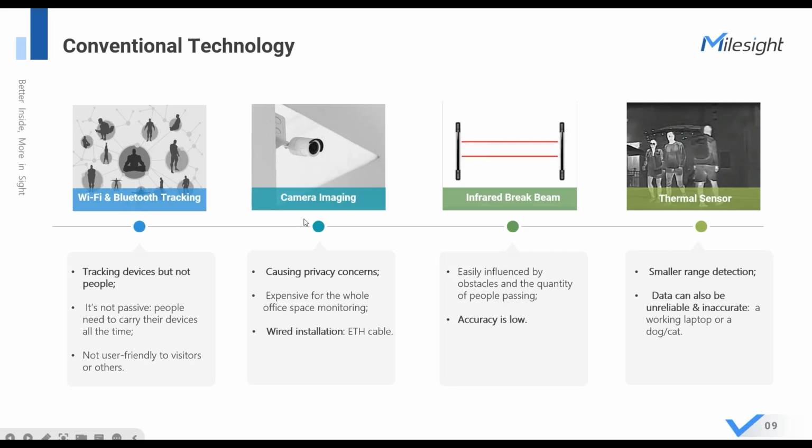The second one is camera imaging, which might cause serious privacy concerns, and its wired installation makes it even more complicated. The third one is the infrared beam. It is another technology which has low accuracy, is very easy to be influenced, and is possibly very dangerous sometimes. Last is the thermal sensor, which might not detect accurately and reliably all the time.